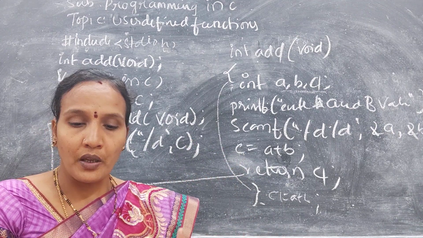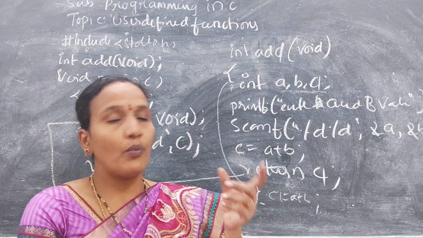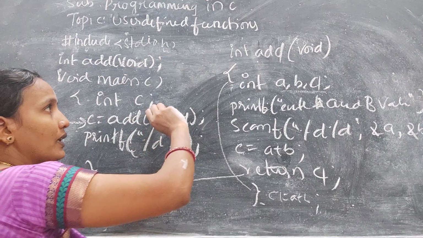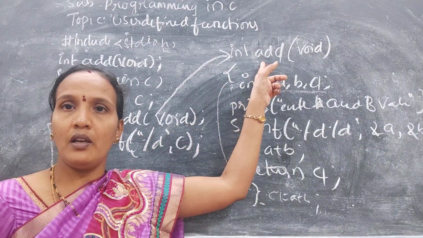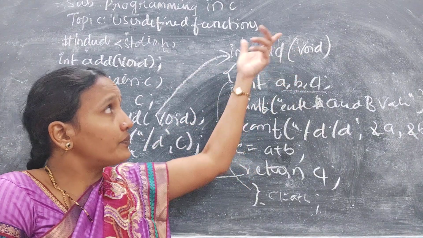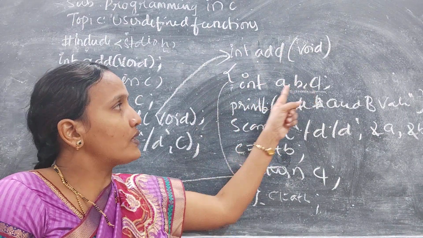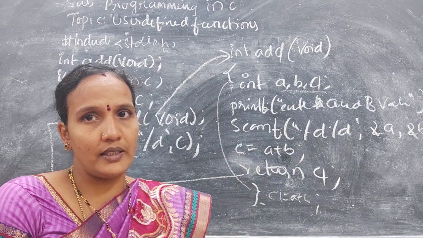Okay, so the fourth category, without argument with the return statement, means when the function is called here, I am calling the function. When the function is called, the controller goes to the function definition where we give the function body. In the function body, I am declaring 3 local variables, and the first 2 variable values I am taking from the user at runtime.